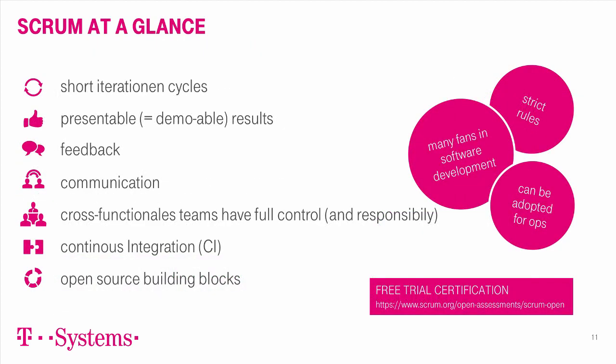To summarize Scrum, I listed here its key features on a single page. It consists of short iteration cycles that transform one MVP into the next one, which is a presentable piece of software. Presentable means it's actually demoable.